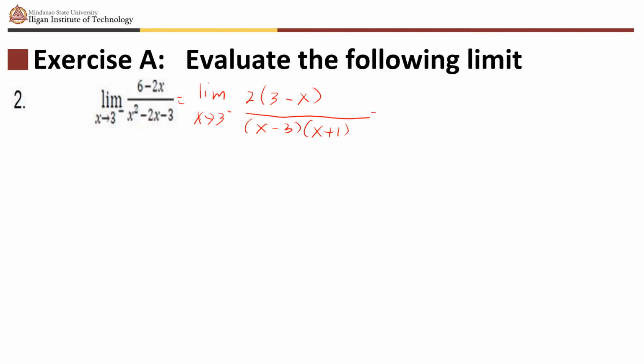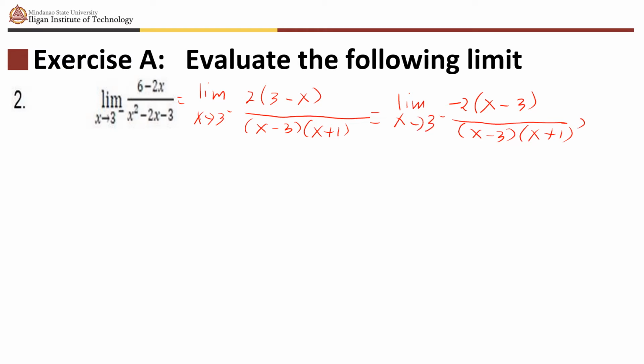But we can rewrite that as the limit now of the negative of 2 times x minus 3, because minus of minus here is actually plus, all over x minus 3 times x plus 1 as x approaches 3 from the left.